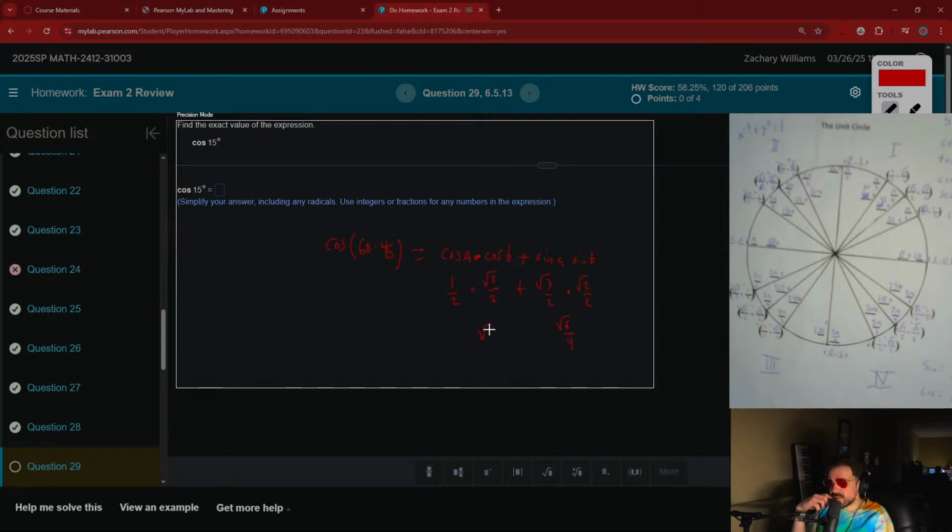This is square root of 2 over 4. Add them together.